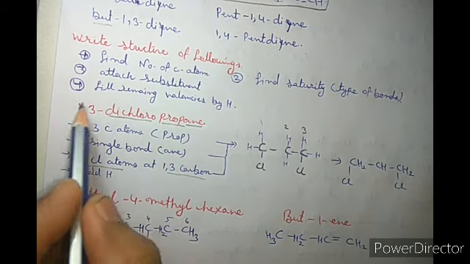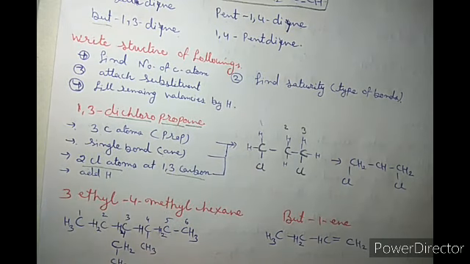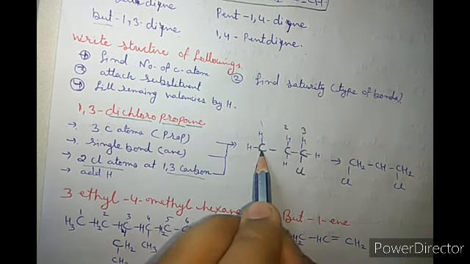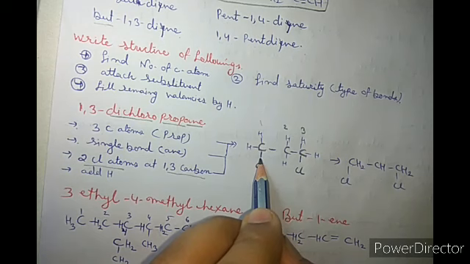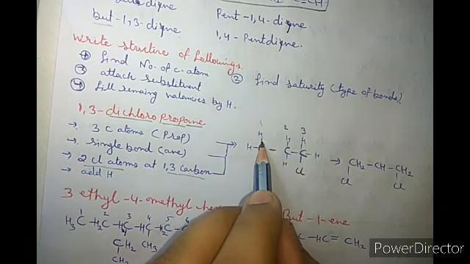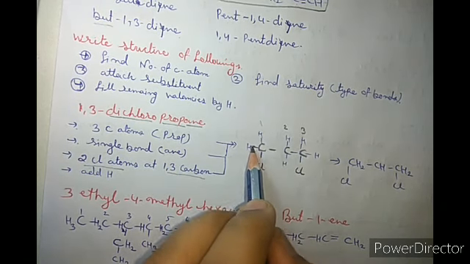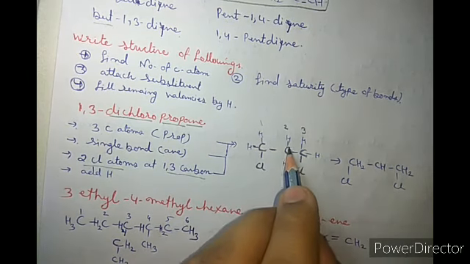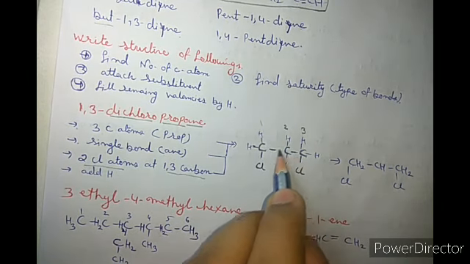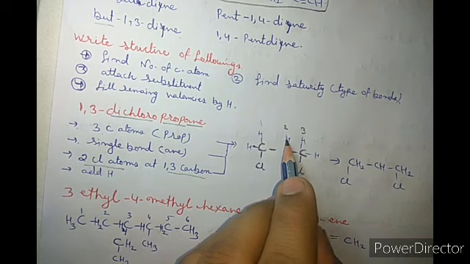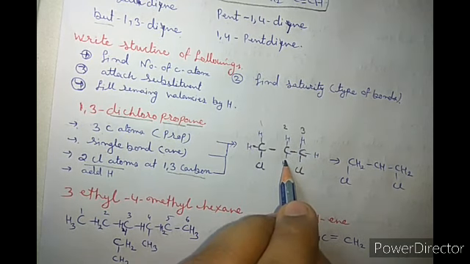All the indications of the name we used. Now the remaining valencies we fulfill with hydrogen. Here in this carbon, that valency is fulfilled, that valency is fulfilled, 2 valencies are remaining, so we use 2 hydrogens. Similarly, that carbon, 1 valency and 1 valency are satisfied, 2 valencies are remaining, so we use 2 hydrogens.